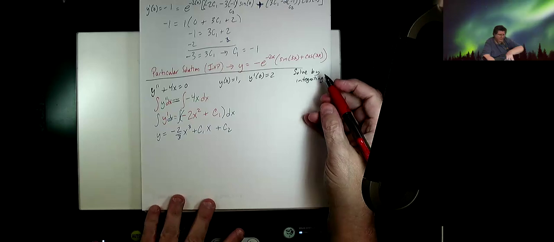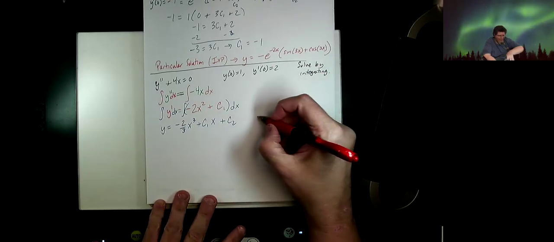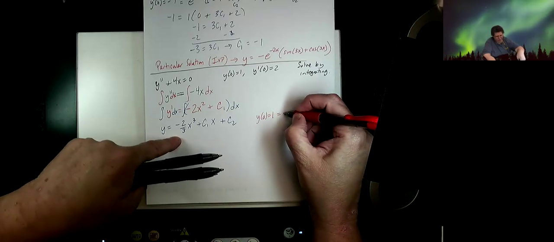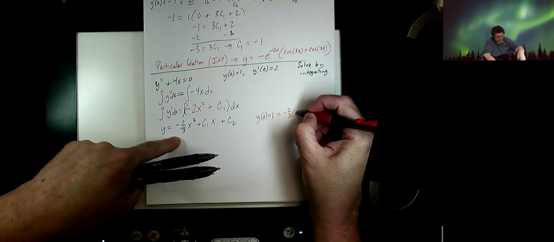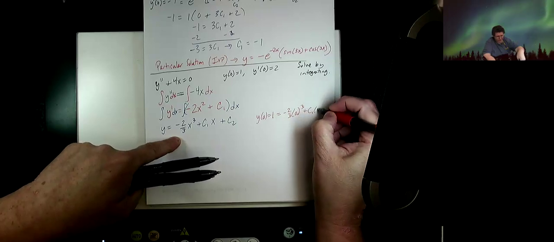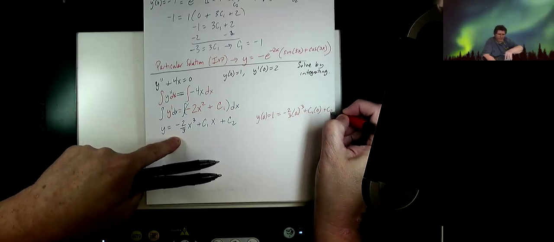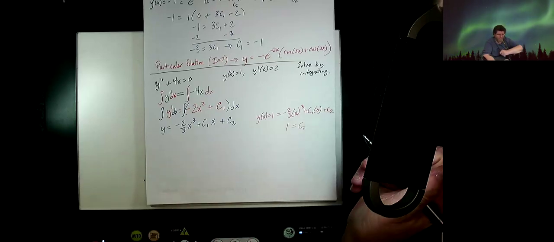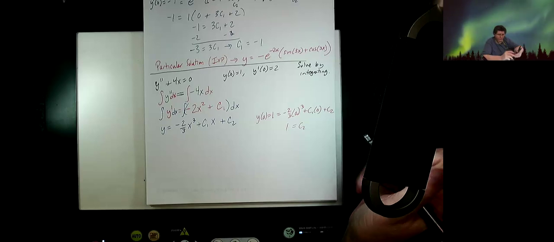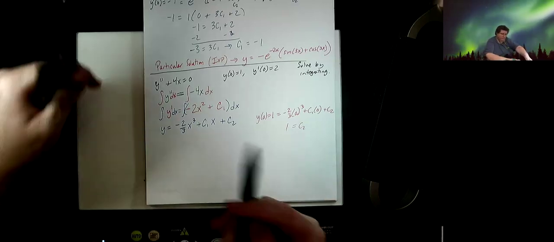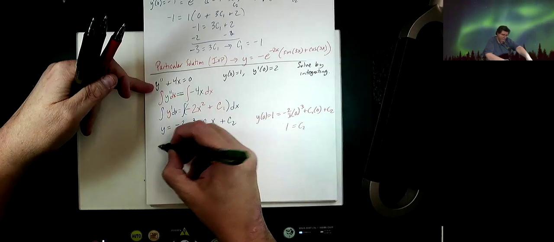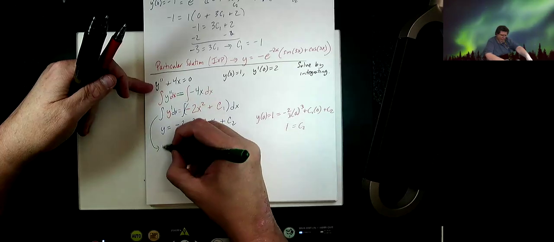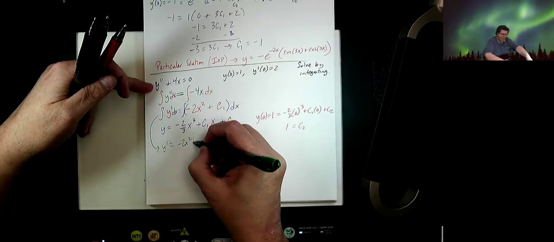We start applying conditions. y(0) equals 1 equals everything here at x equals 0: 0 cubed plus C1 times 0 plus C2. So C2 equals 1. And then bringing this one down, that was our y prime, negative 2x squared plus C1.